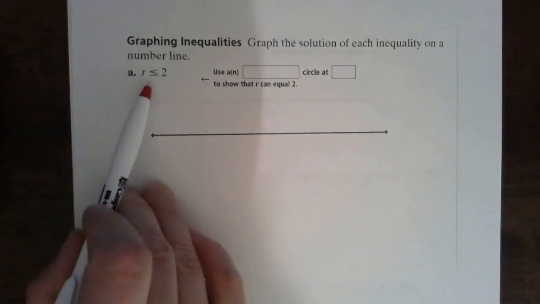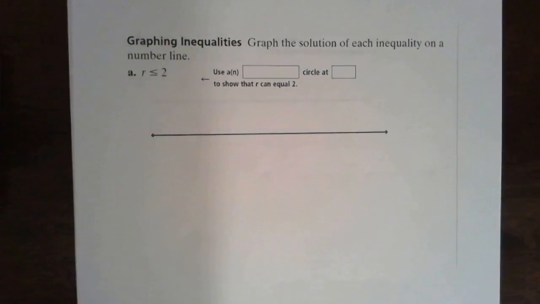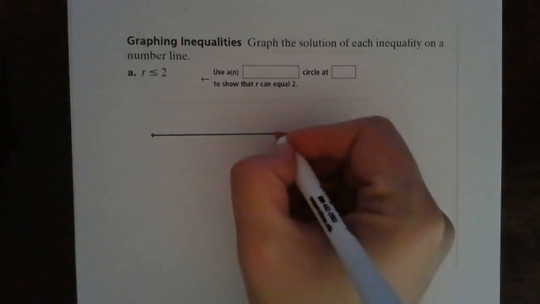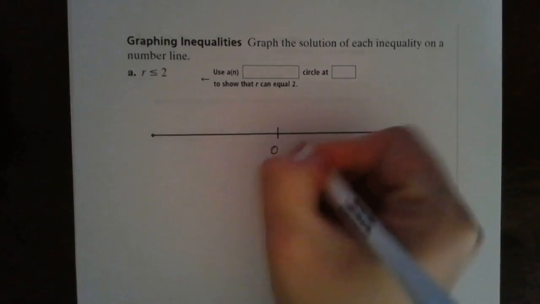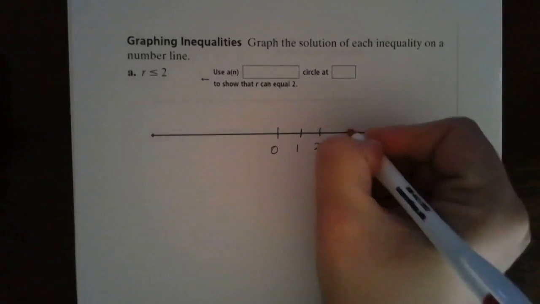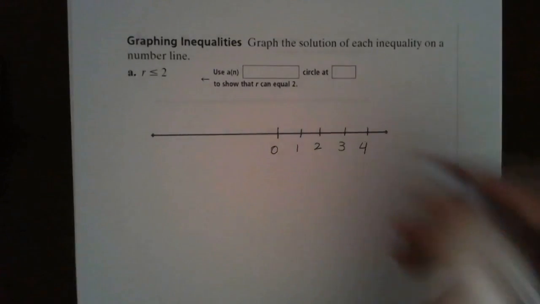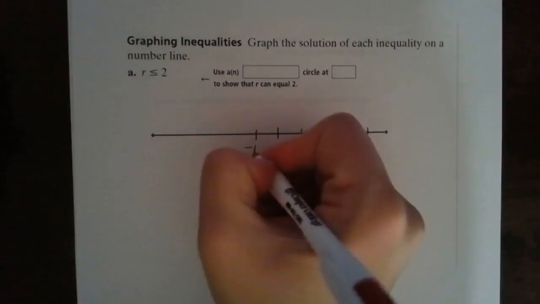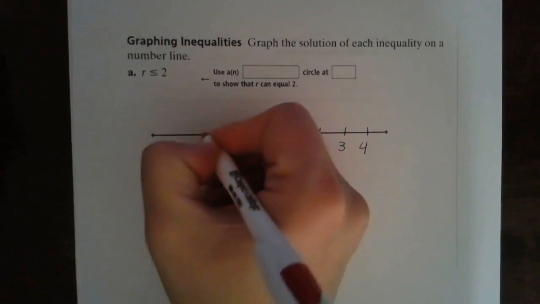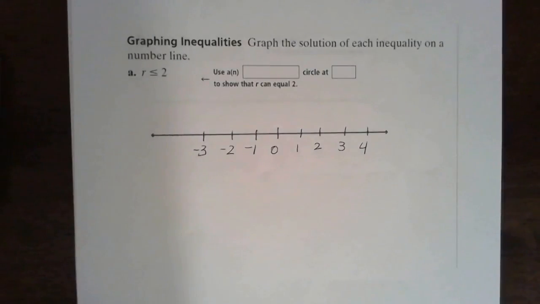So here it is: r is less than or equal to 2. So first what I need to do is find that 2 on my number line. So I'm going to have 0, have some numbers here, make sure that that 2 is on my number line. Now I have to decide if I'm going to have an open circle or a closed circle.